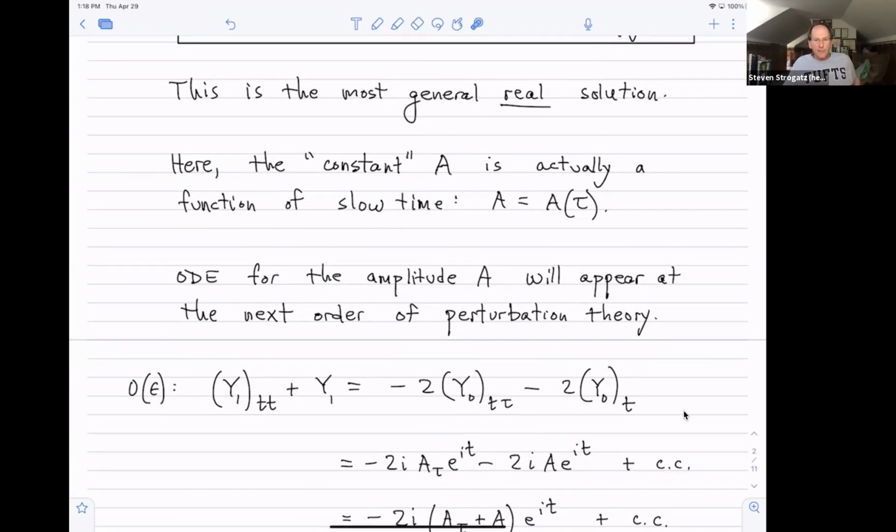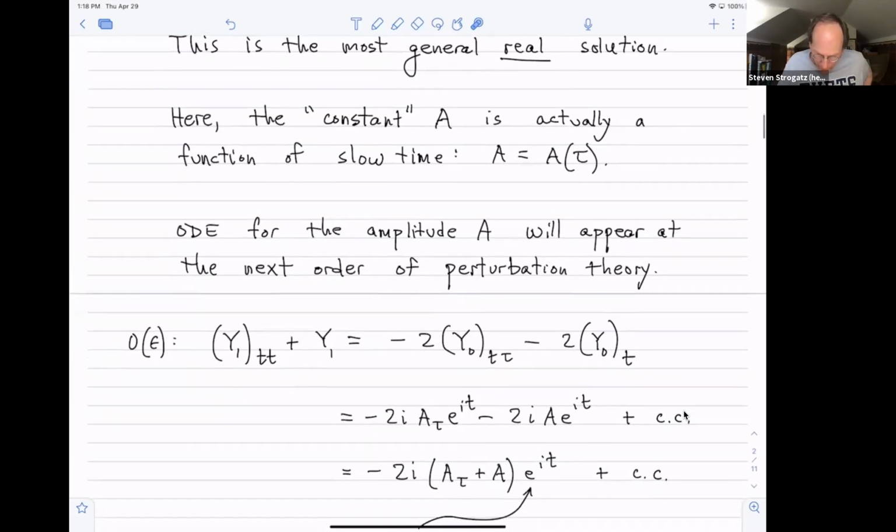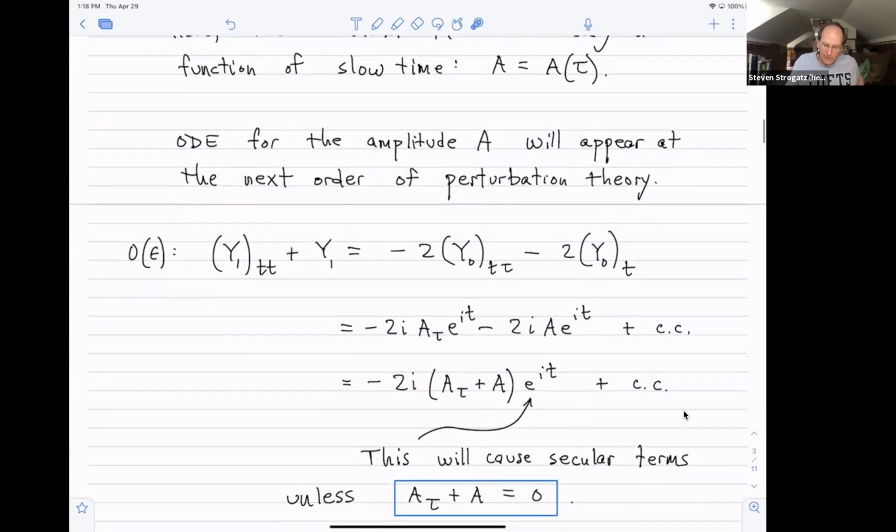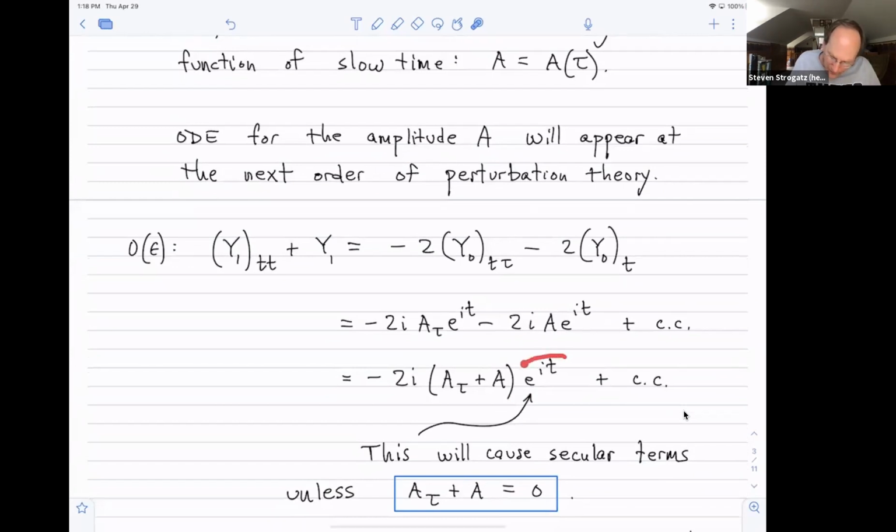Okay, so now if I stare at that whole thing, notice that there's a common factor of an e to the it here, and factoring it out times this term, which only depends on the slow variable tau, and then there's a factor -2i in both of these. You see something interesting, which is that the right-hand side has this forcing involving an e to the it, which we know is a solution to the homogeneous problem for this operator.